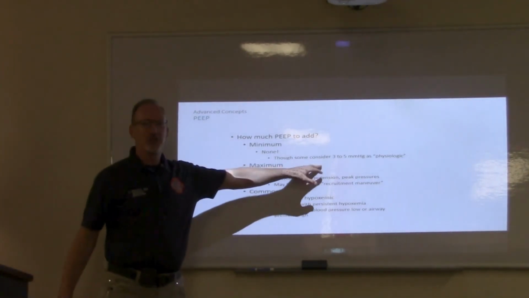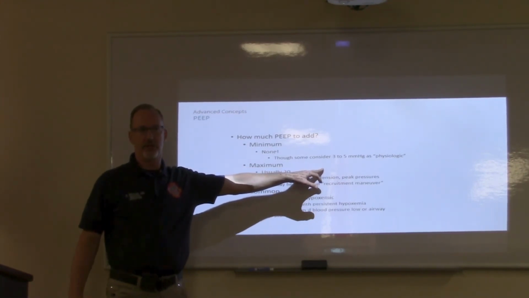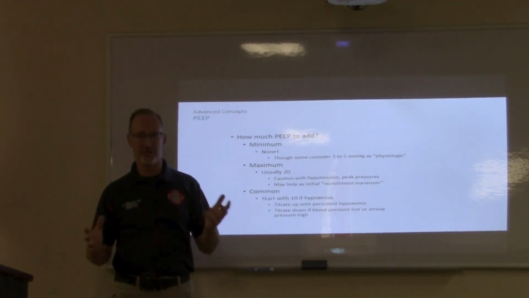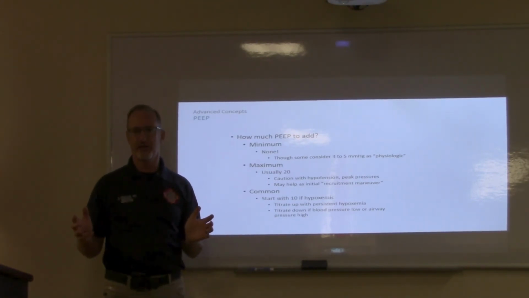You don't want to go above 5 for PEEP in a patient who's in cardiac arrest. You could argue, well, maybe they should have no PEEP. Some people say, well, 5 is about what the lungs like to have, so no more than 5 of PEEP in cardiac arrest.